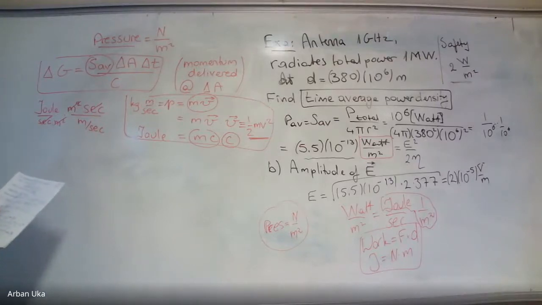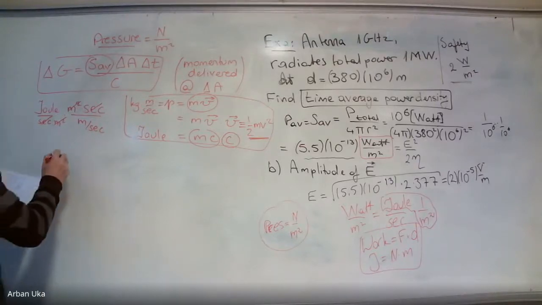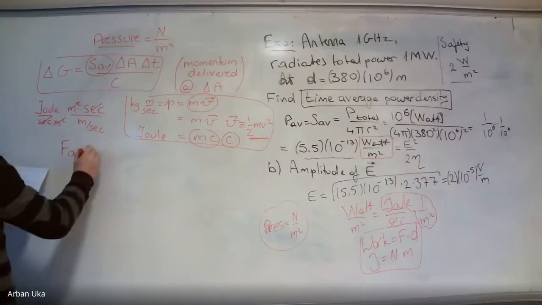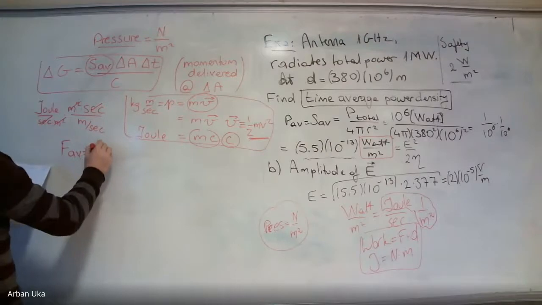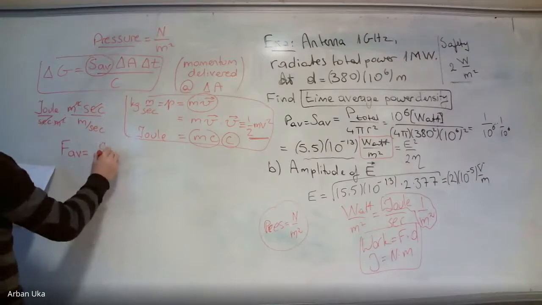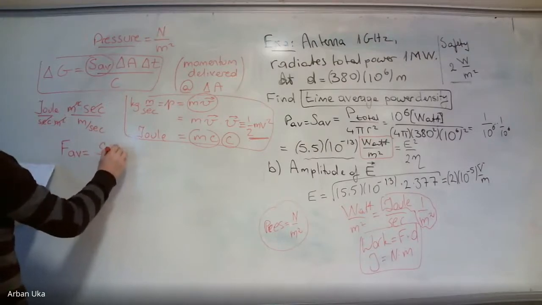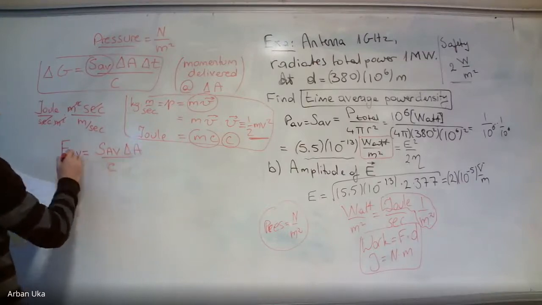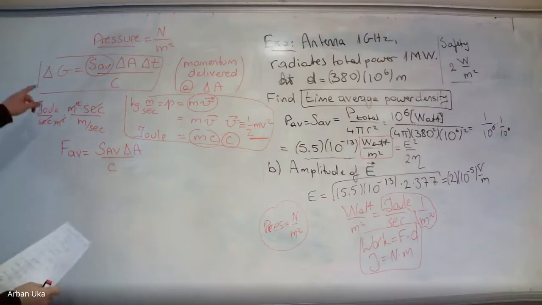From this quantity we can derive a time average force. Time average force is equal to the time average power density times delta area divided by c, the speed of light. And how do we get this?